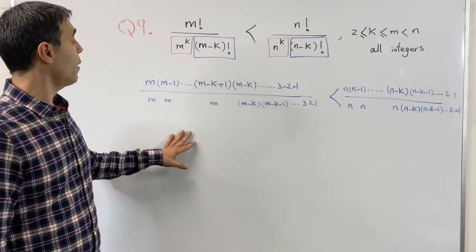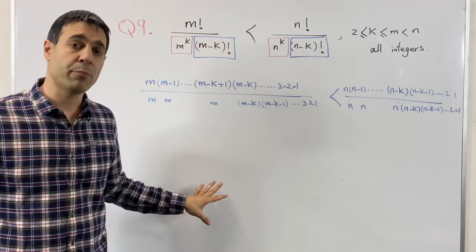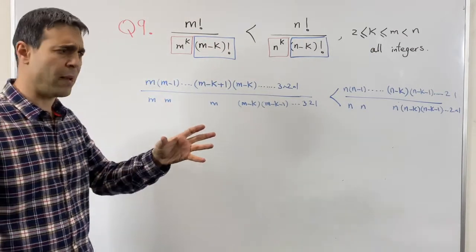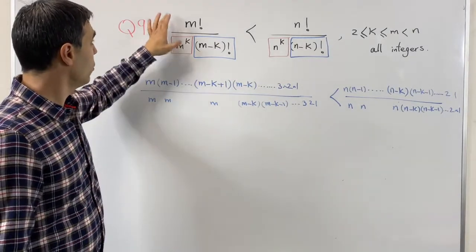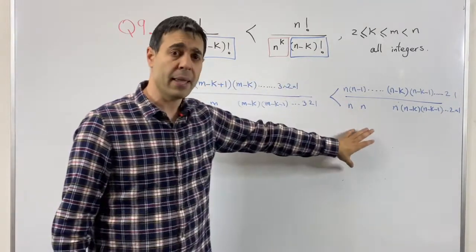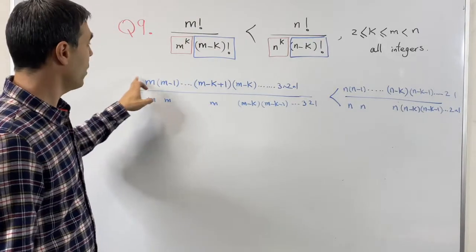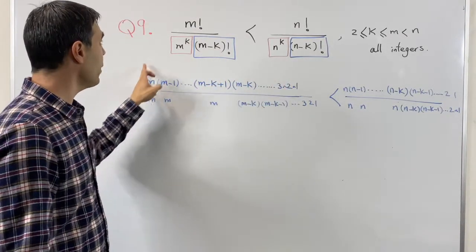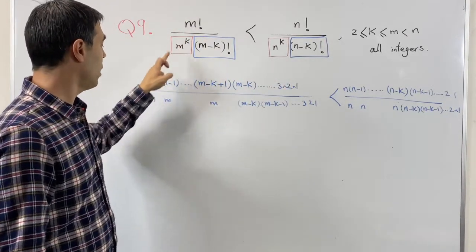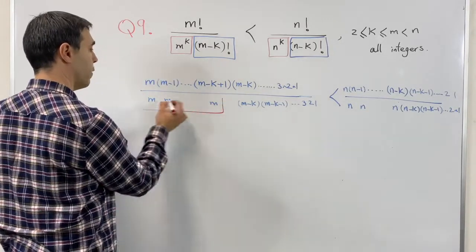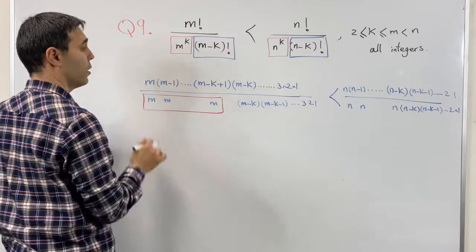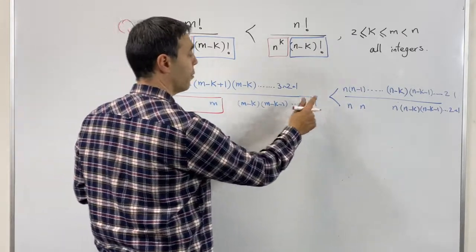Okay, so now that we have proved that for the random numbers 7, 10, and 3, we just plug in m and n and see what happens. Right now on the numerator, I have m factorial. On the denominator, I have this part, which is m to the power of k, n minus k factorial.